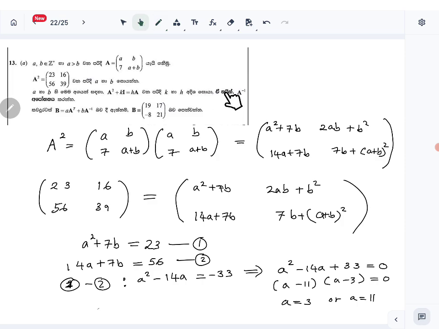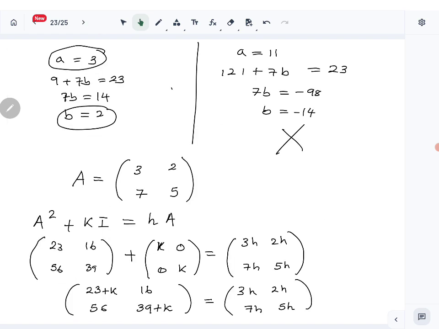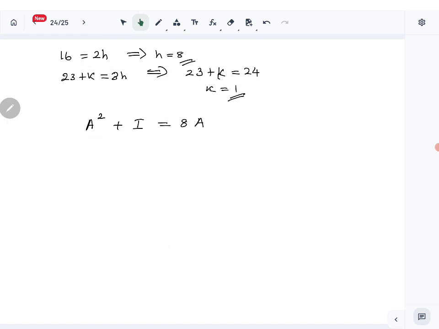Then hence find A inverse. Right. We have to use that expression to find A inverse. So then what can you do? Multiply each term by A inverse. So A squared is A into A. Again multiply by A inverse from the right hand side.